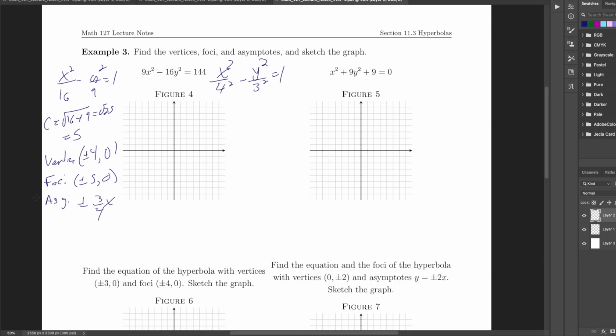Alright, so let's go ahead and sketch this. Now we found all those things, and so let's sketch our graph. So here we're going to go out 1, 2, 3, 4, 1, 2, 3, 4, 1, 2, 3, 1, 2, 3. We're going to draw our box in. So we're going to draw this nice central box. And then we're going to have a dotted line through the corners, which equal our asymptotes.